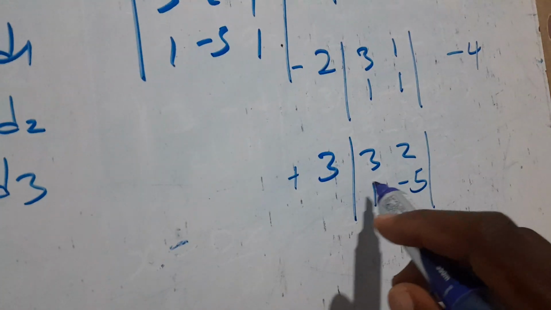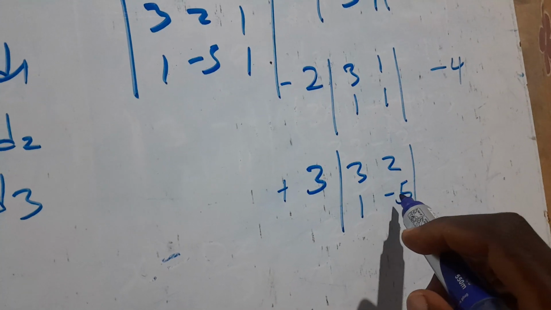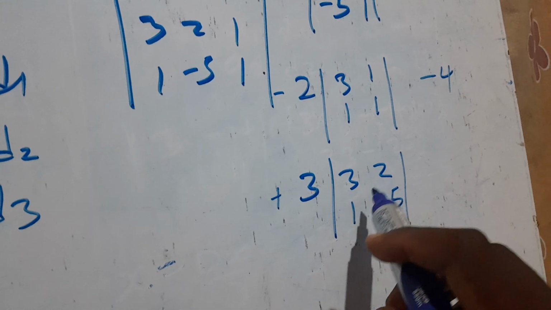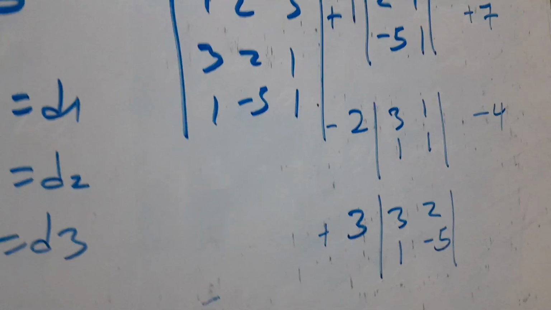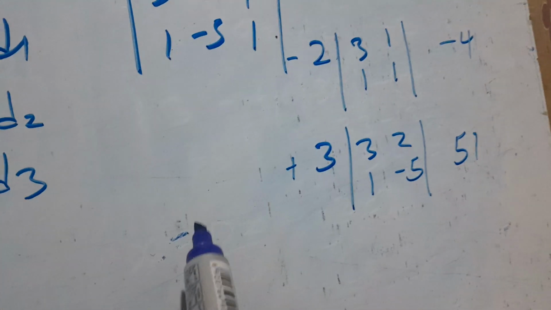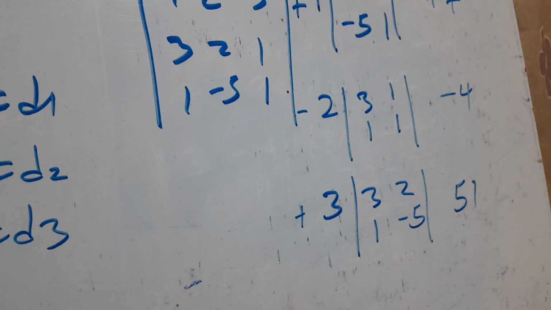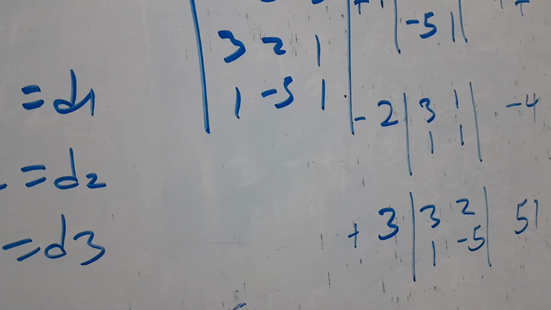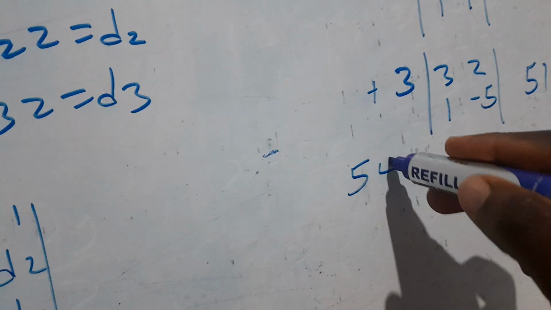Here you have 3 times negative 5 is negative 15. Negative 15 minus 2, you find negative 17, times 3, you have 51. 7 minus 4 plus 51, you have determinant as 54.